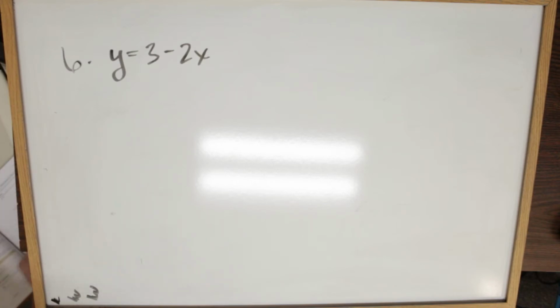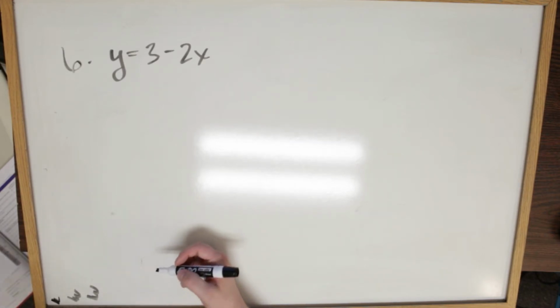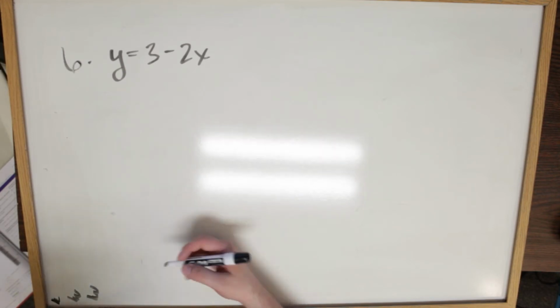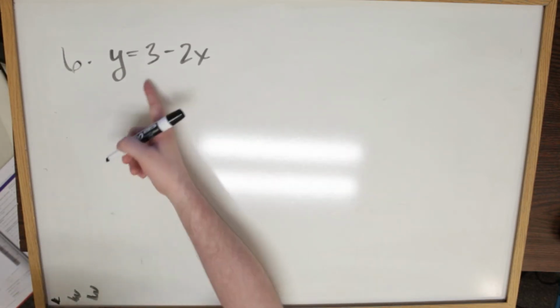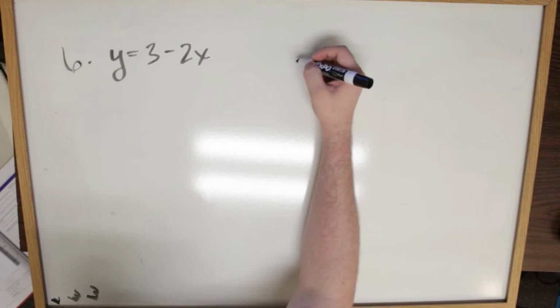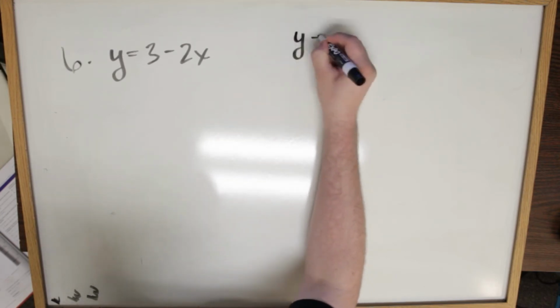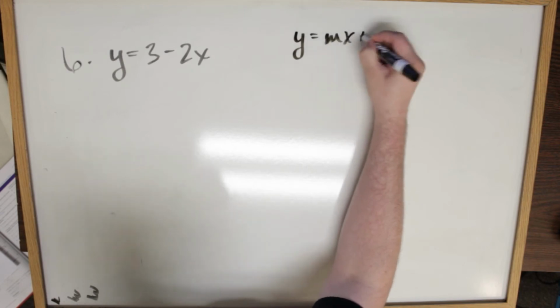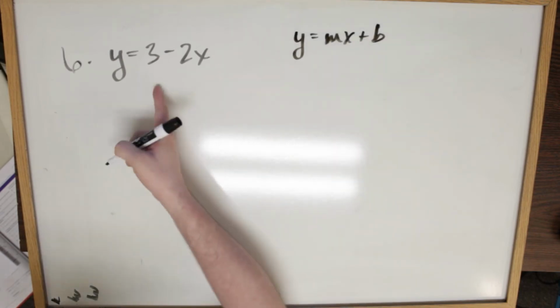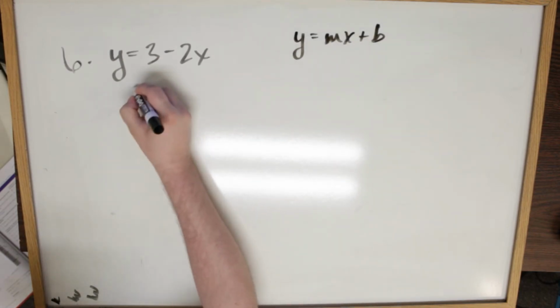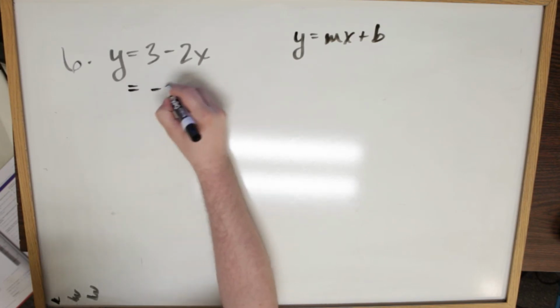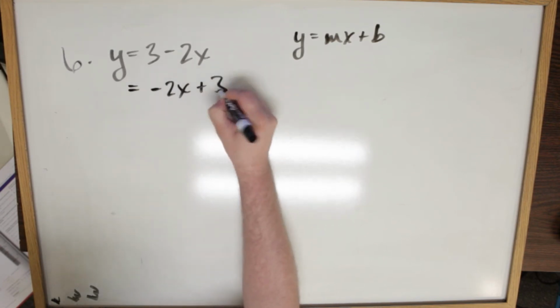We need the slope and the coordinates of the y-intercept. Now notice the slope-intercept form is y = mx + b. If you see something like this, you can just reverse it. This is the same as minus 2x plus 3.